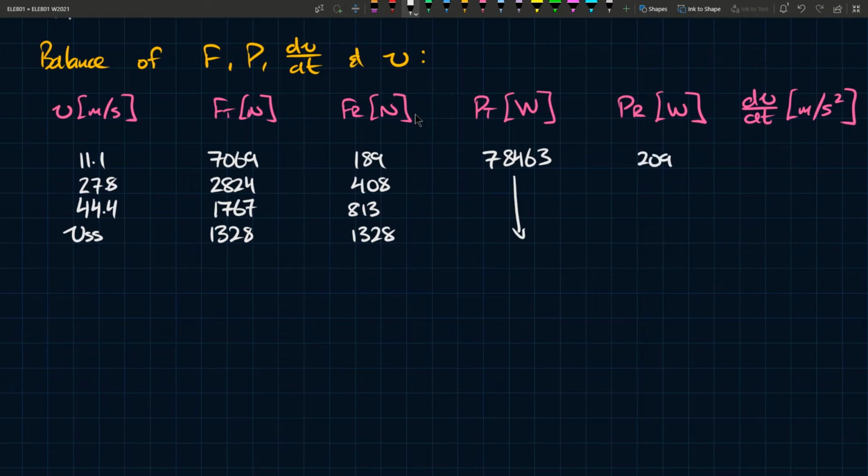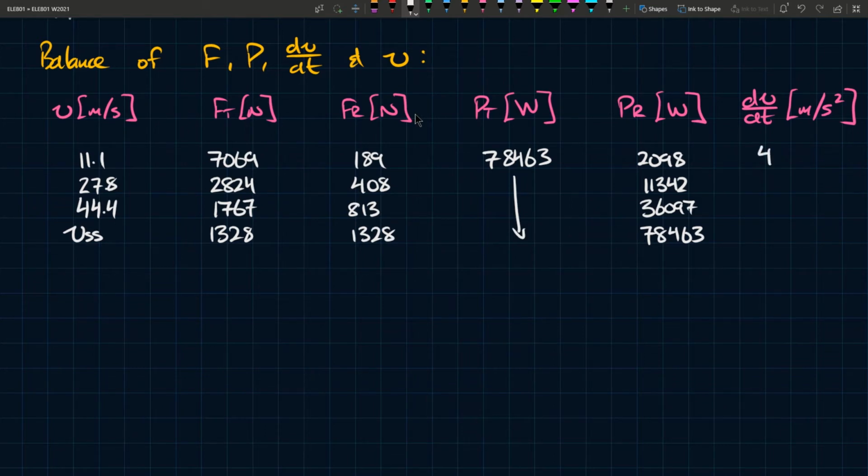Here, the resistive power does not stay the same since the resistive force changes, but that's not an issue because we can calculate all of these using the resistive force expression along with the speed, and the speeds are the ones listed here on the left side in the first column.